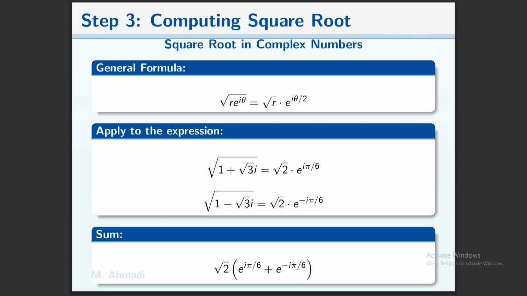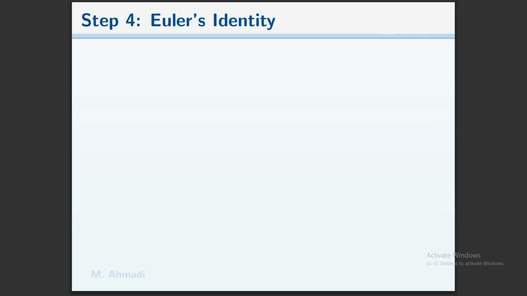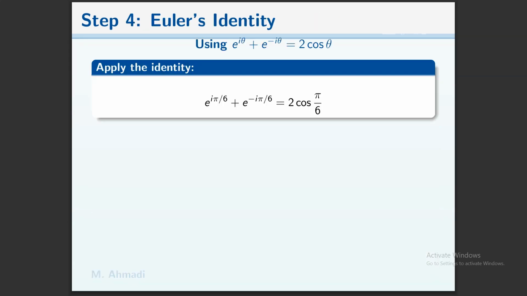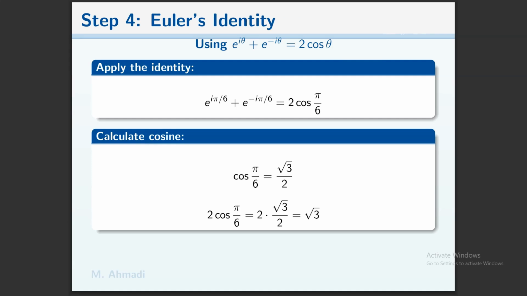And this sum of the expression equals the square root of 2 multiplied by e to the i pi over 6 plus e to the minus i pi over 6. We use the identity e to the i theta plus e to the minus i theta equals 2 cosine of theta.